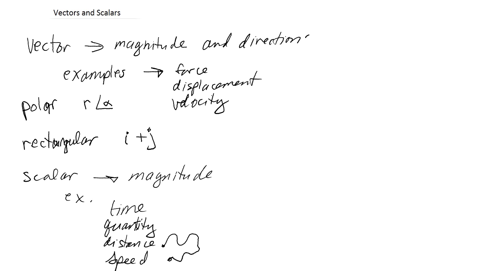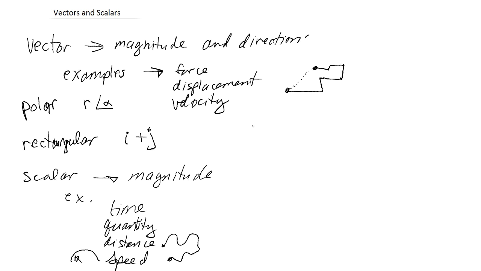Speed is what you see on your speedometer: 20, 60, 100 miles an hour. Now displacement, if we go back up here, I might travel in different directions and end up a certain length away from my origin. This dotted line here is our displacement. So it's a change in position from where we started.